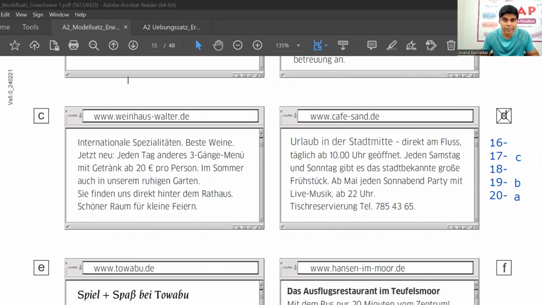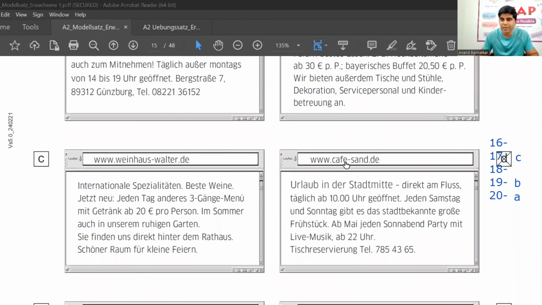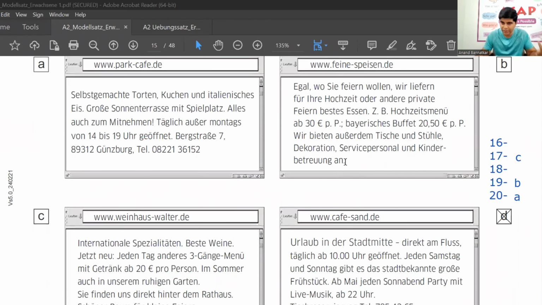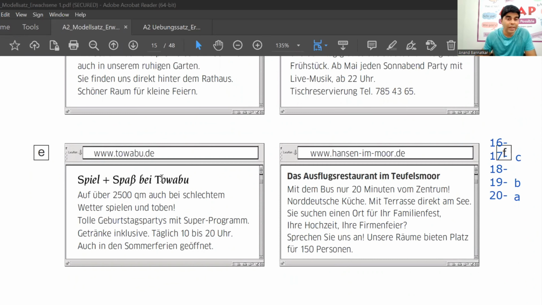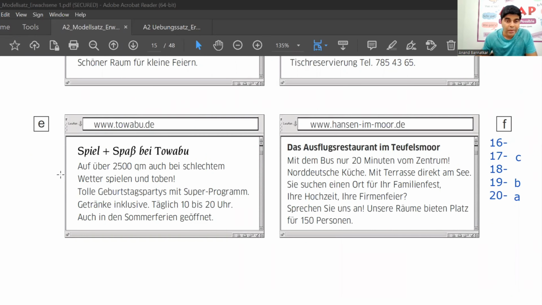Okay, D is already selected, so we need not discuss that because that is the answer to the example question. Okay, now A, Spiel plus Spaß. Spiel, playing. There was nothing related to play. Playing and having fun.